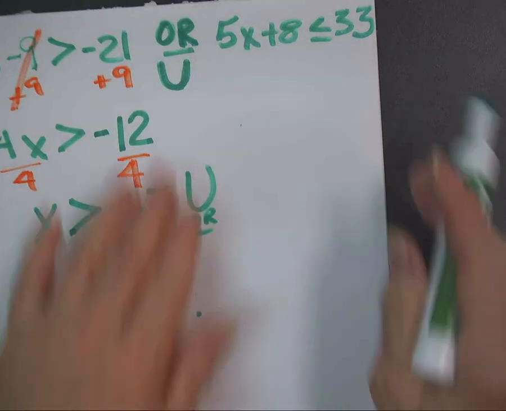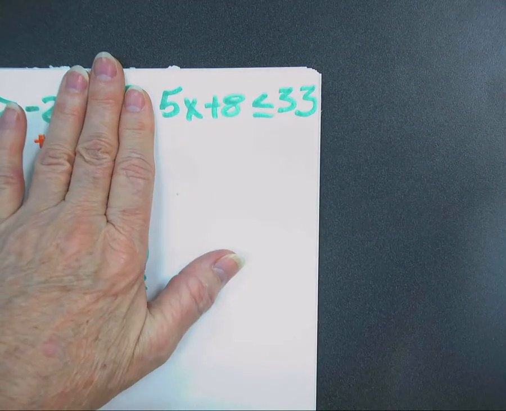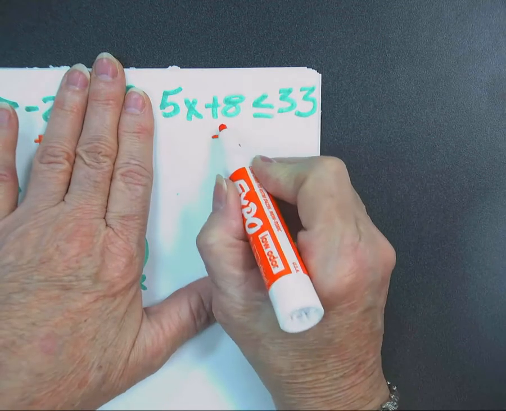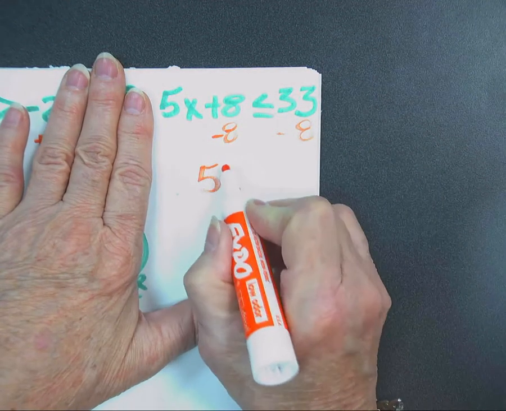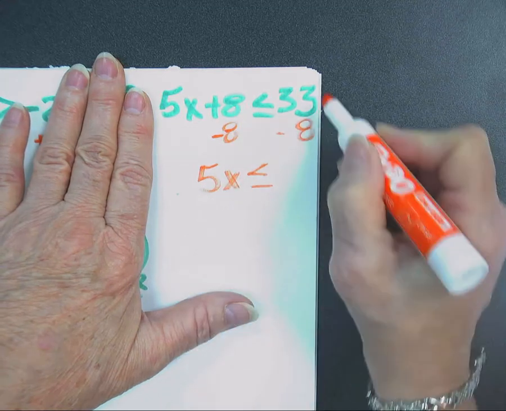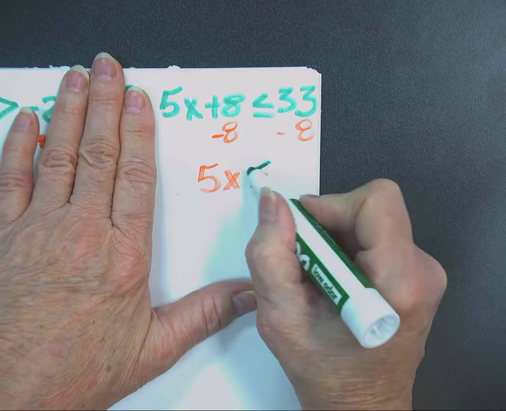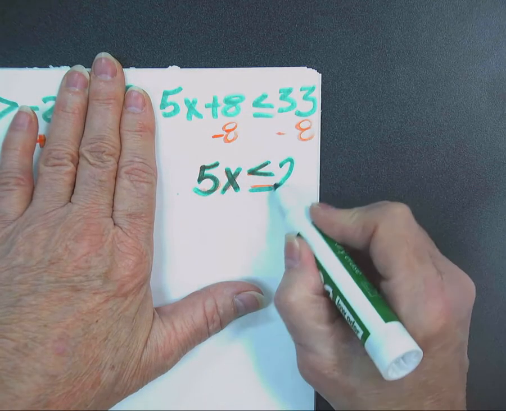the union. Okay, on this side, let's solve for x. What are we going to do first? Right, subtract 8 to get the x alone over here. 33 minus 8 is what? 25.